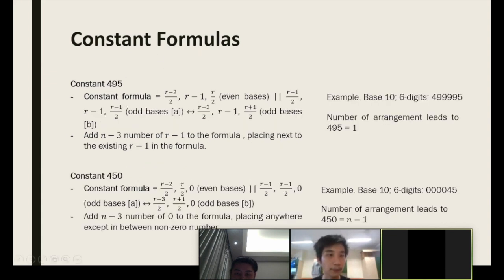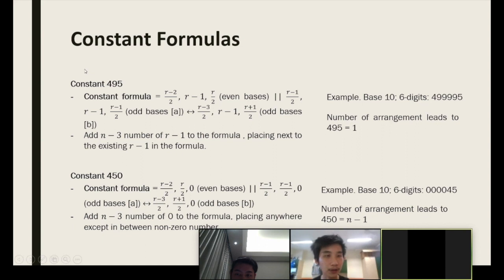And 495 is only in base 10, but the constant formula is shown in the slide here, where R refers to the base, and for odd bases, instead of reaching a constant, we'll reach a loop of length 2.